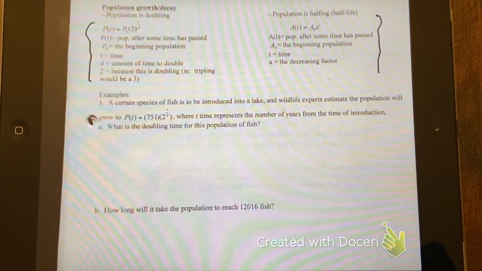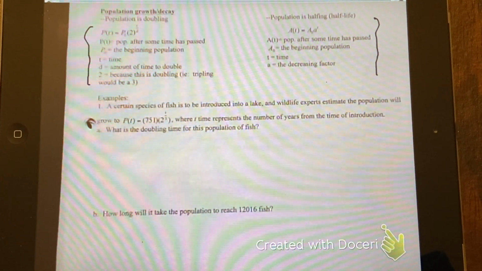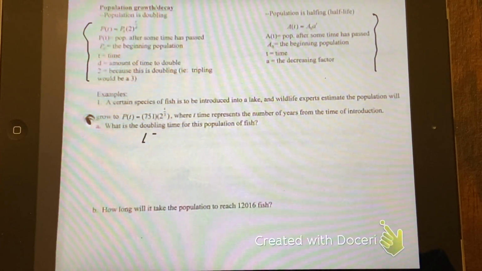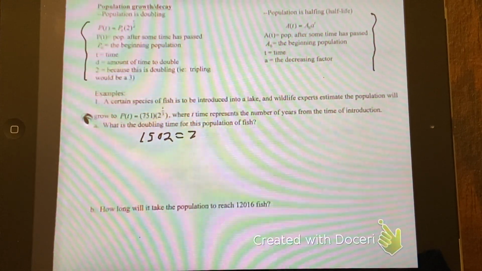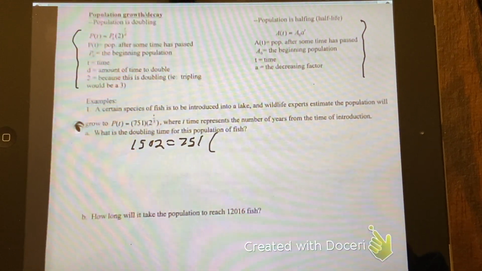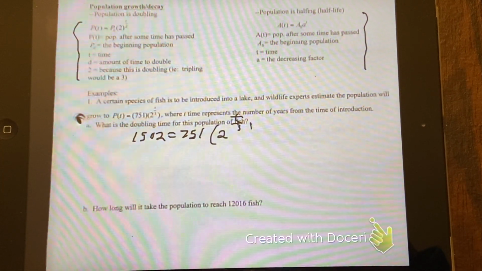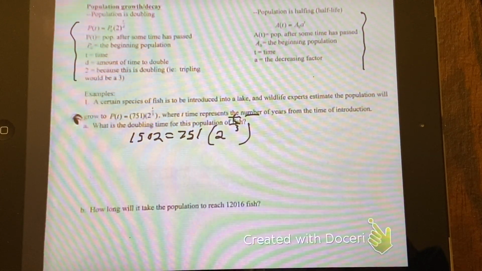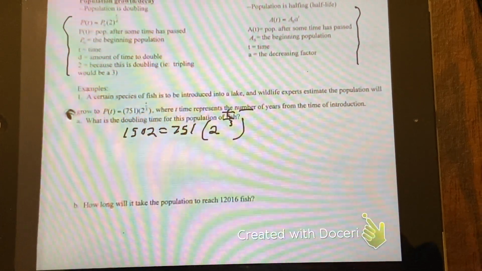So when I set this equation up, I want to take 751 and double it. I'm basically going to say 1502 is equal to 751 times 2 to the T over 3 power. T represents how many years it will take for the number of fish in this lake to double.